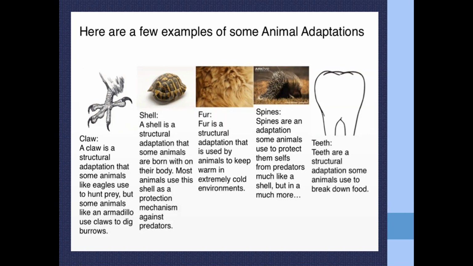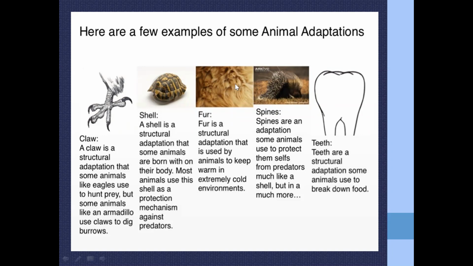Most animals use this shell as a protection mechanism against predators, meaning when they want to hide from a predator, the animal coming to hunt them, they protect themselves inside this shell, and that predator cannot find where the animal has gone, so it is protected. So a shell is also a protective, or you can say defensive, physical adaptation of an animal.